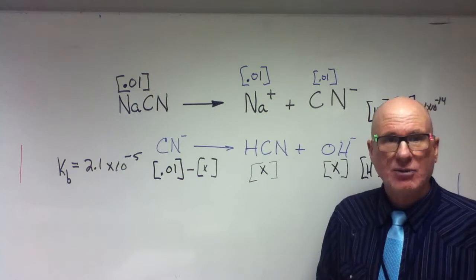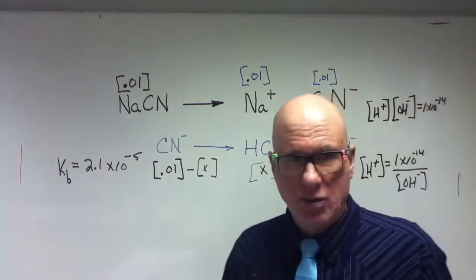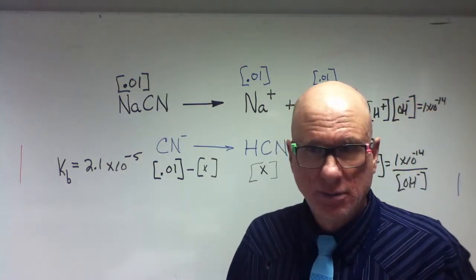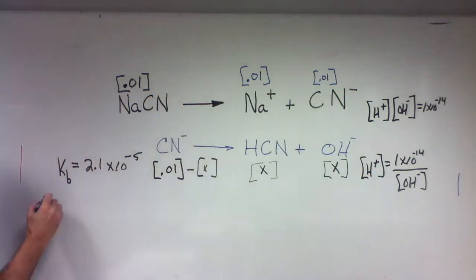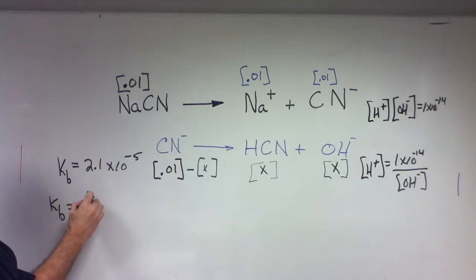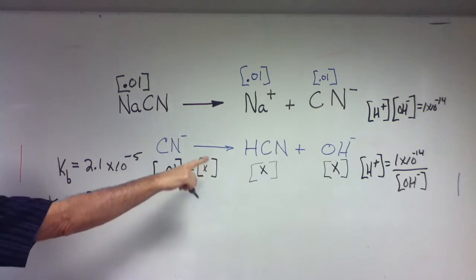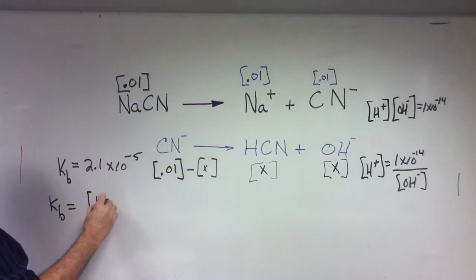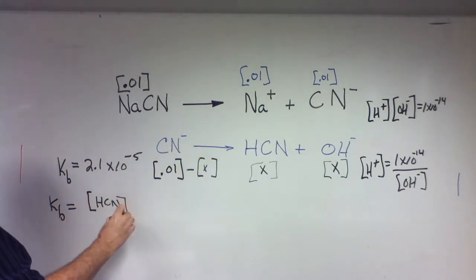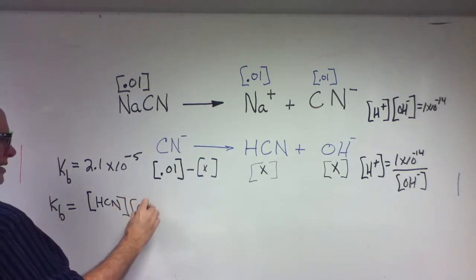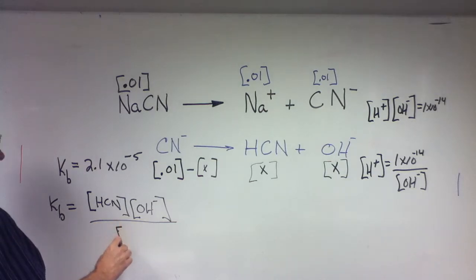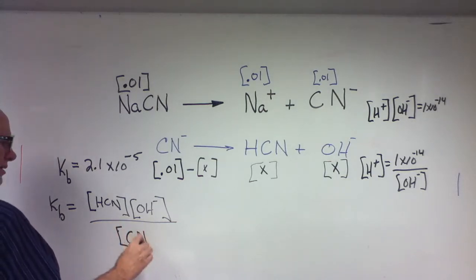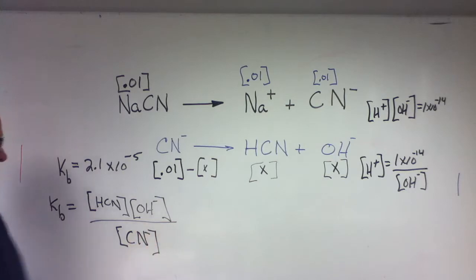Okay, therefore now we're ready. Now, you know, because I've done this in class, the Kb expression is going to be the HCN times the OH divided by the cyanide.